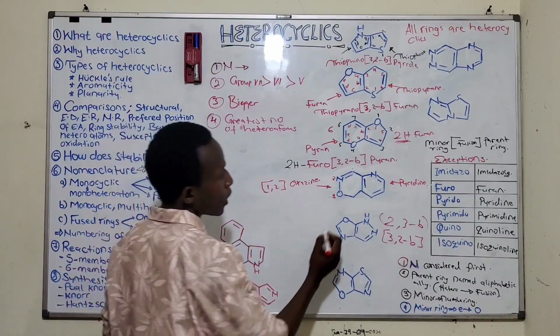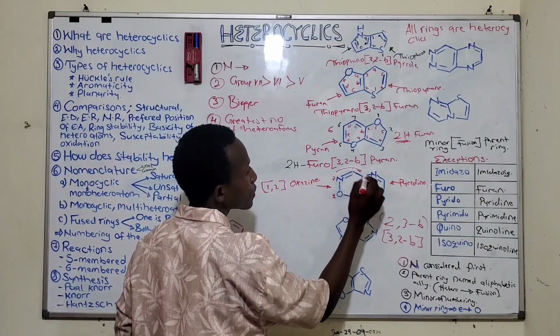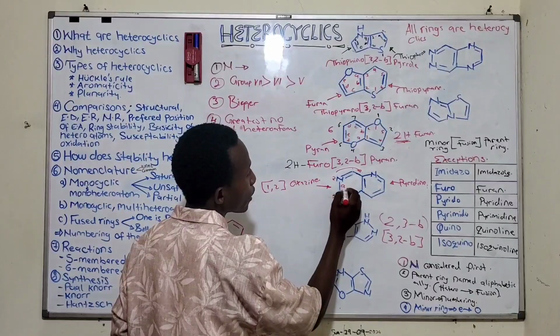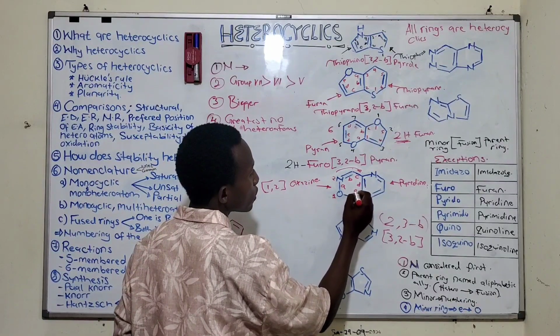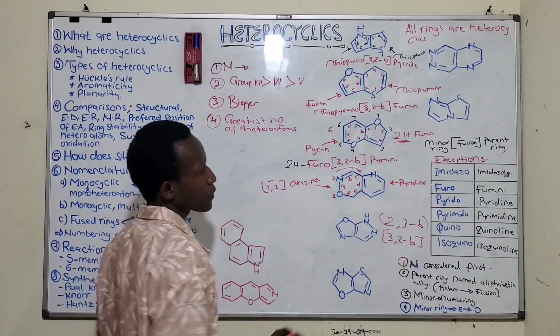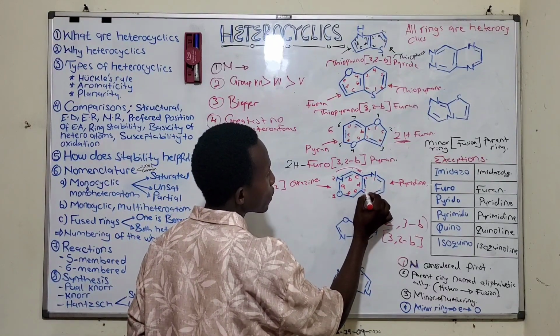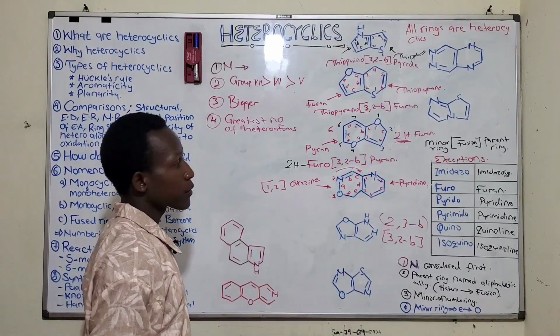This is pyridine. And since this one is position 1, we are moving in this direction towards the fusion. So this will be A phase, B phase, C, D, E, and F. For the minor ring, this is position 1, this is 2, 3, 4, 5, and 6.